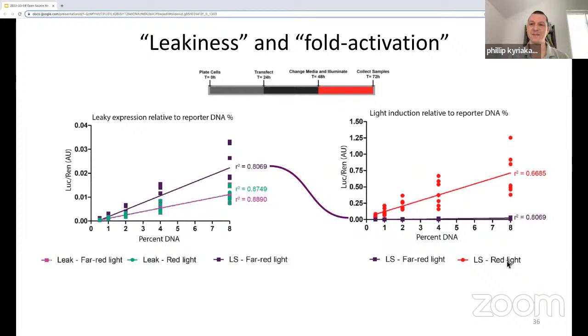But if you want to express something like a fluorescent protein, then you may just filter out some of the basal expression with your camera settings, and you want higher levels so that you can get a really nice bright picture. So you need to think about what experiment you want to do with it, and then optimize the amount of DNA and components of your optogenetic system.